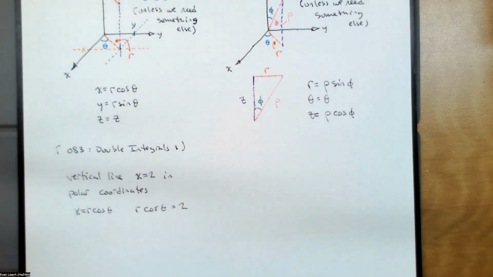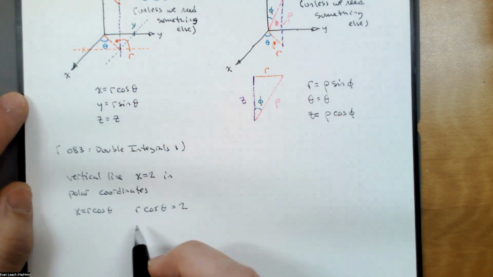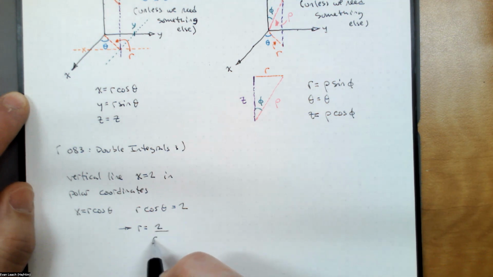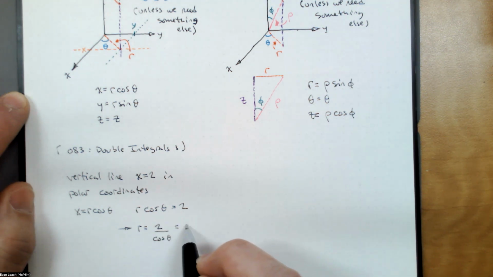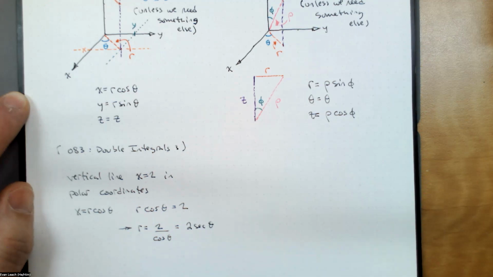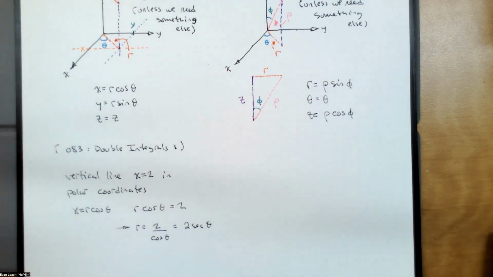I can solve this for r and write r is 2 divided by cosine theta, or we could write this as 2 secant theta. So let's go back to the graph and see what r equals 2 secant theta looks like.